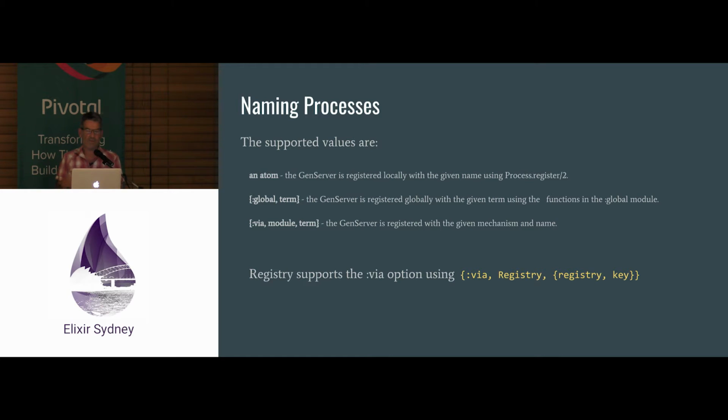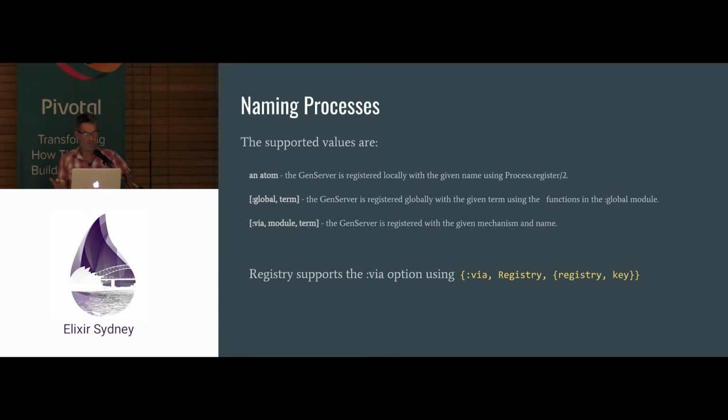It can be an atom, so we could make up a whole lot of atoms. You could make up an atom, student 1, you can make another atom, student 2, and you can keep making atoms and assigning them to GenServers. But the problem with that is atoms aren't garbage collected within Erlang, and you'll eventually exhaust your memory through non-collected atoms.